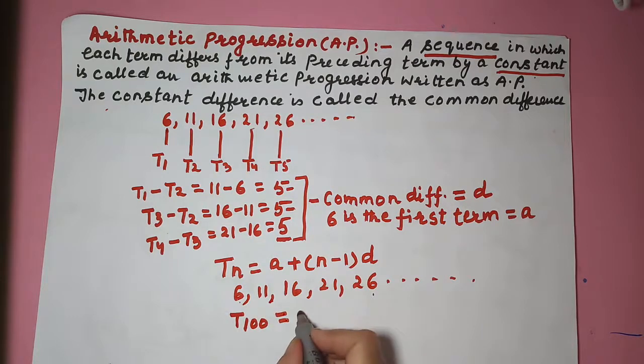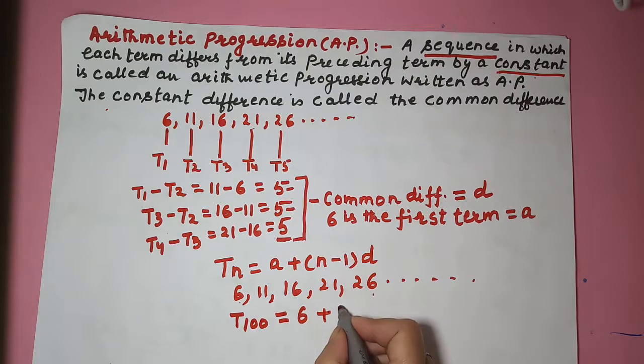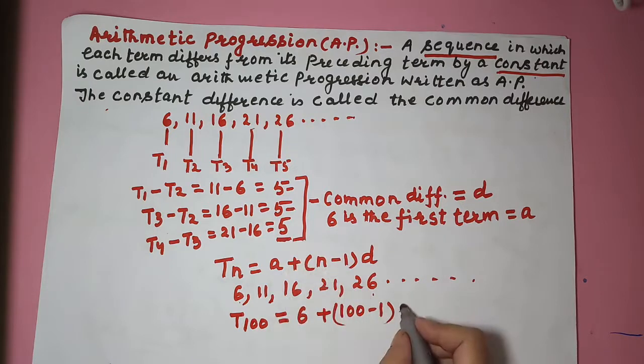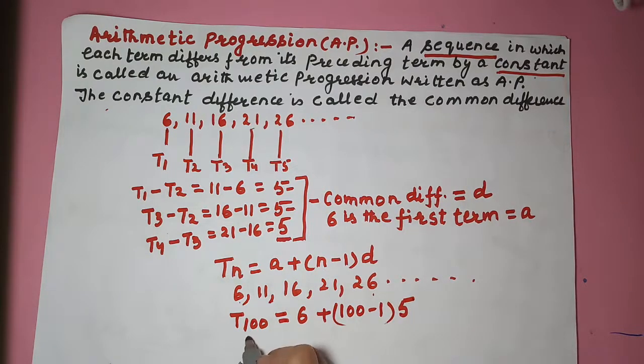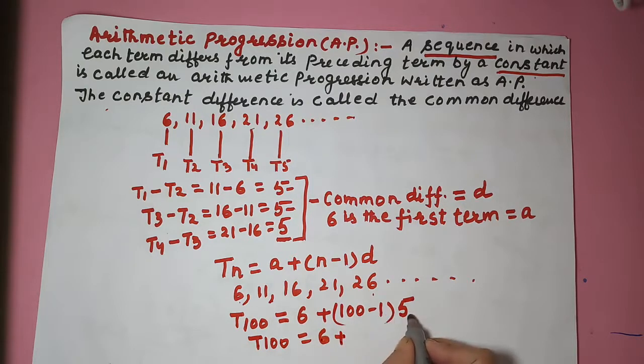What is my a? a is the first term, which is 6, plus n is again 100 minus 1 into d. That was the common difference. And what is the common difference? 5. Fine. So my T100 or 100th term of this sequence is equal to 6 plus 99 into 5.